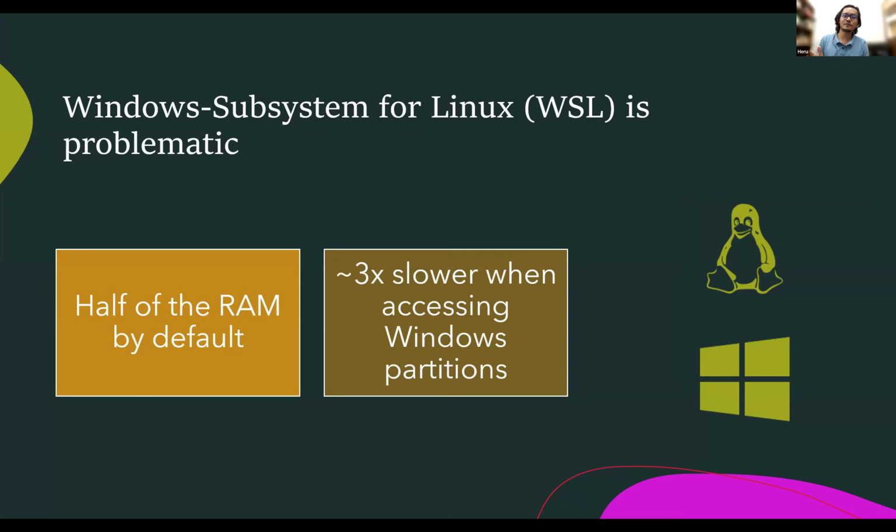But the Windows Subsystem for Linux also has problems with RAM and storage access. We can find a workaround for this, but as you're all aware, this system is another layer of abstraction from the hardware, and if we are dealing with data-intensive applications, we need to remove as many indirect accesses to the hardware as possible.